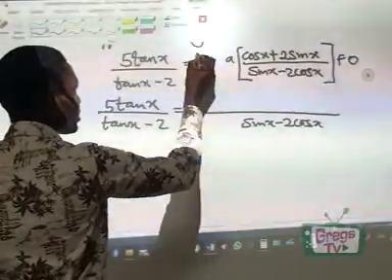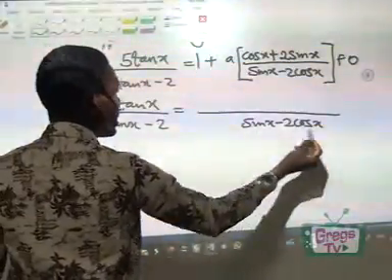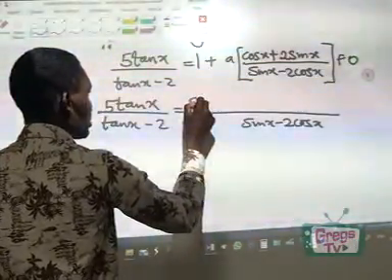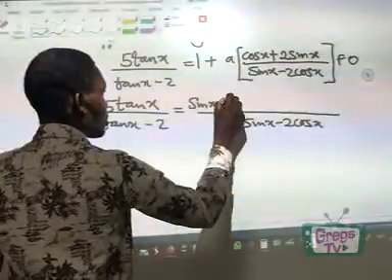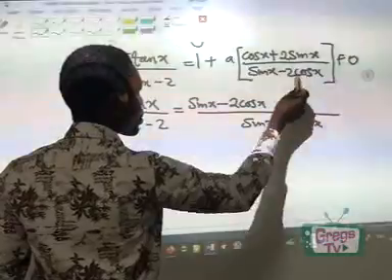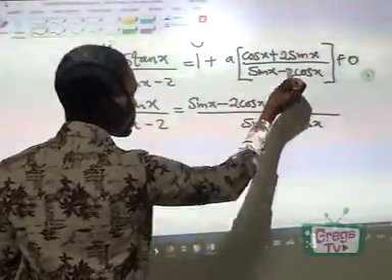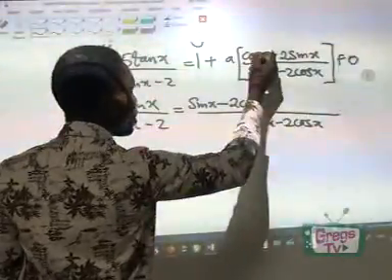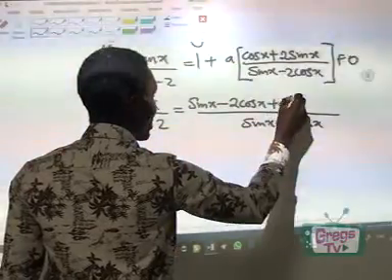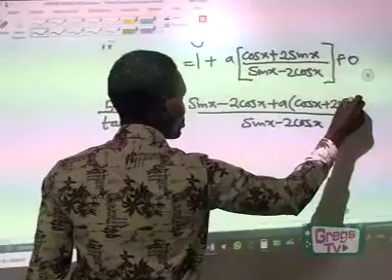Since this is 1, I have 1 over 1 here. 1 in this is sin x minus 2 cos x. I multiply by 1, of course, I will have sin x minus 2 cos x. And if I have sin x minus 2 cos x, which happens to be the same as my LCM, of course, the 2 will cancel out, giving you 1. Multiply what you have in the numerator by 1. Of course, you get this, which is a cos x plus 2 sin x.